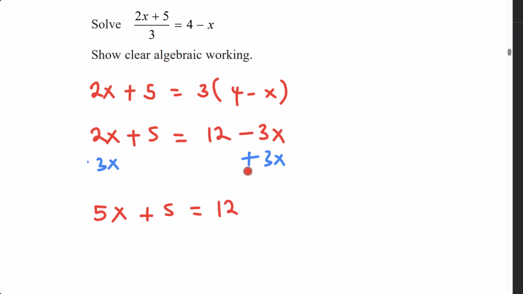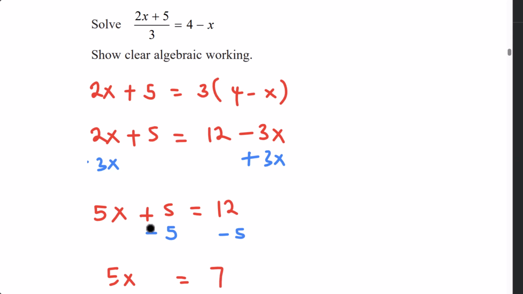The minus 3x plus 3x cancels out the expression. Okay, good. So next I have 5x plus 5 equals 12. And again, I want to subtract 5 on both sides. And that will leave me 5x here equals 12 minus 5, which is 7.